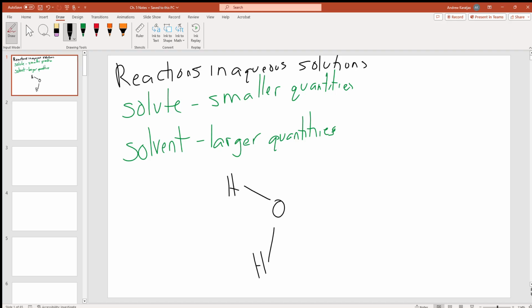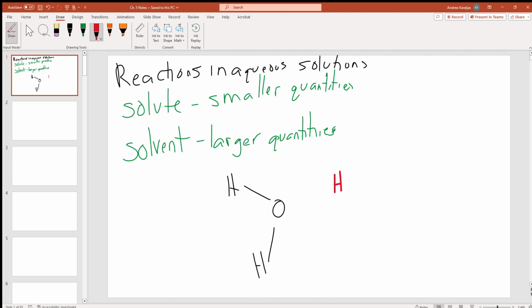As we'll learn later on in the course, the geometry is what we call bent, so it's not straight across, but these bonds here are bent in slightly.